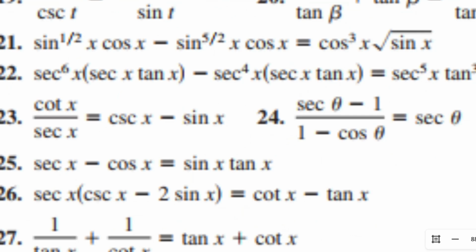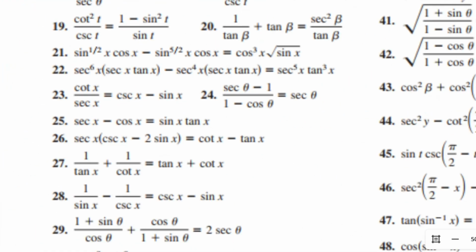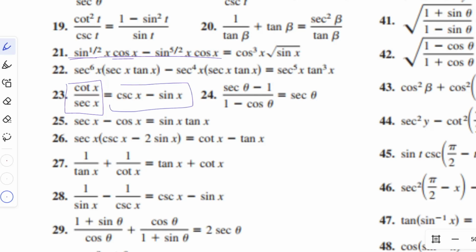Okay, and then this looks like they start getting hairy. But this one, my first instinct would be to factor, I guess, a cosine and a sine to the 1/2 out. This one, I don't see any Pythagorean, I don't see any fractions to add, so probably convert to sine and cosine. And this one, I think I would actually try to work the right side. But you might have to trial and error.